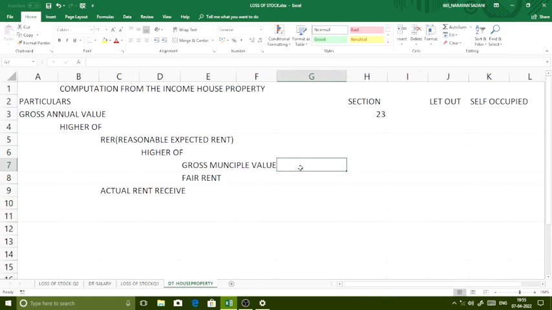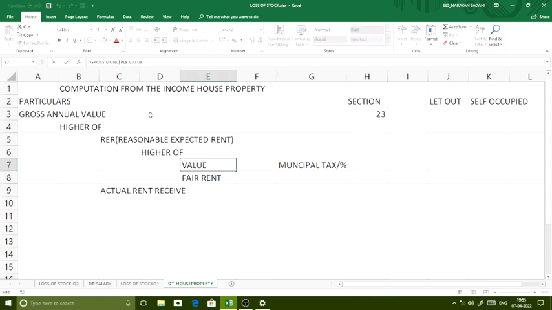We can also calculate gross municipal value by the actual municipal tax paid divided by the municipal tax percentage. That way we can calculate the gross municipal value.